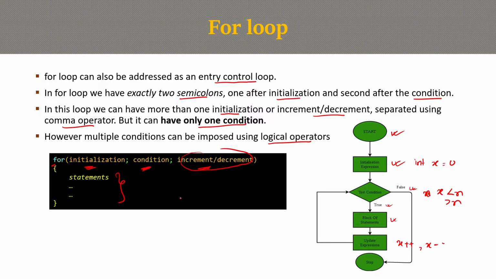After it increments or decrements the variable, it will go to the second cycle and again check the condition. If this condition is satisfied, then again it will move on to executing this block of statements. After it has executed the block of statements, it will either increment or decrement the variable, and then again it will check the condition. So let us see how this is working through an example.